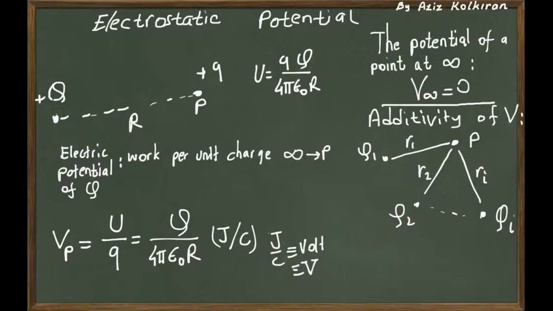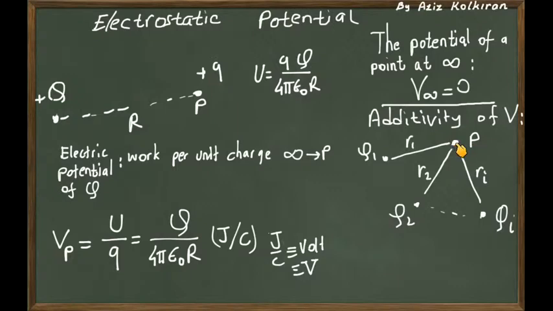So you can add the potential by just adding like scalars. First of all, the potential, electrostatic potential, is not a vector like electric field. It is a scalar, and you can always add scalars without worrying about the direction. Okay? You don't worry about the direction.